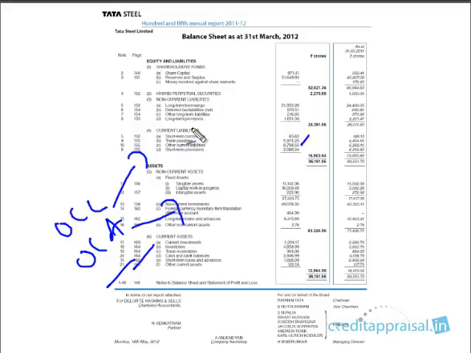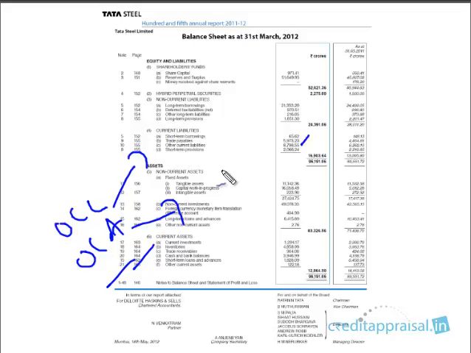If you know the breakup, go to the corresponding schedule, make the relevant entries, and only anything left over should go into other current liabilities or other current assets. So let us see whether there are any major items we can put elsewhere, and if we are unable to, we'll come back to the miscellaneous entry.